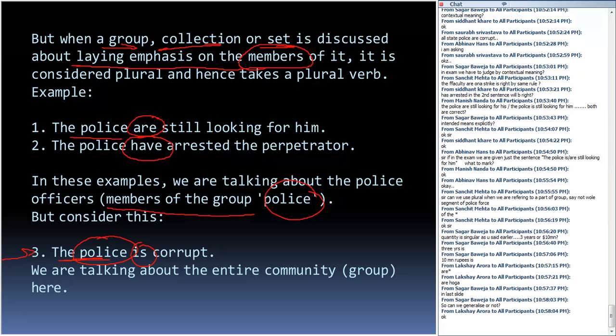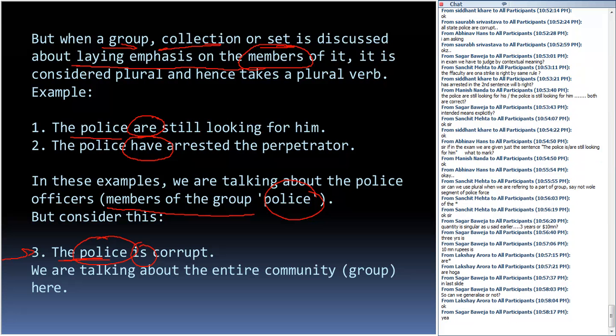सागर, कैन वी generalize or not? In what sense? That whenever you have a quantity, it is going to be singular? Yes, okay. Whenever we have a quantity, well, I'll have to think about that, because there are so many exceptions that I cannot say right now with 100% surety, हाँ या ना.